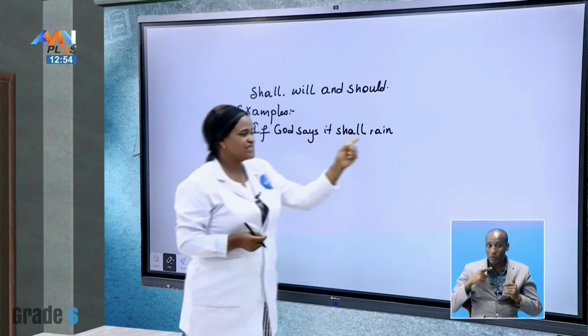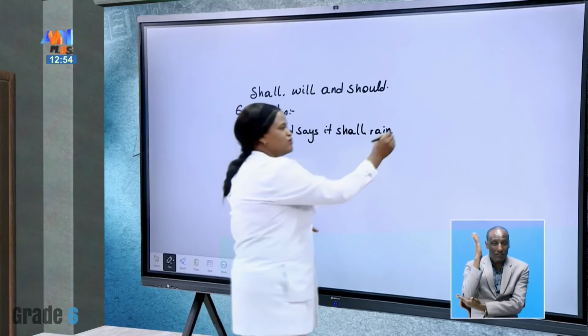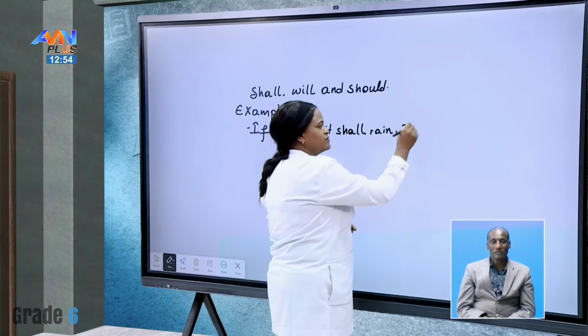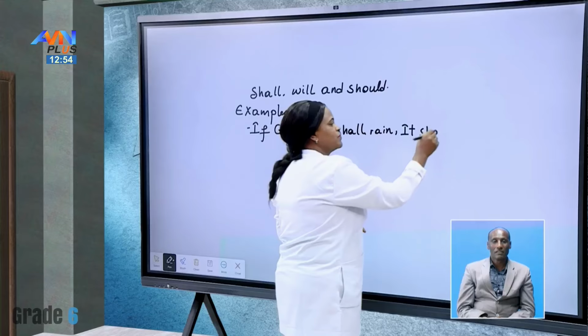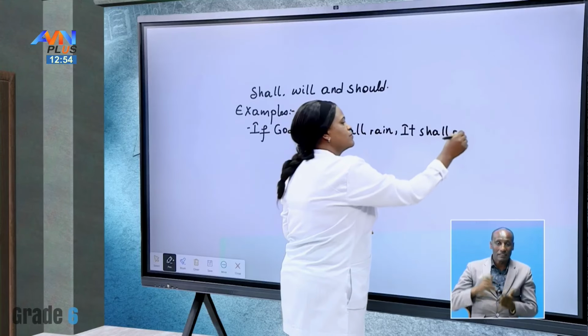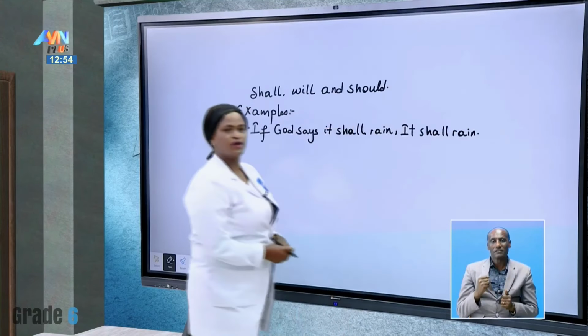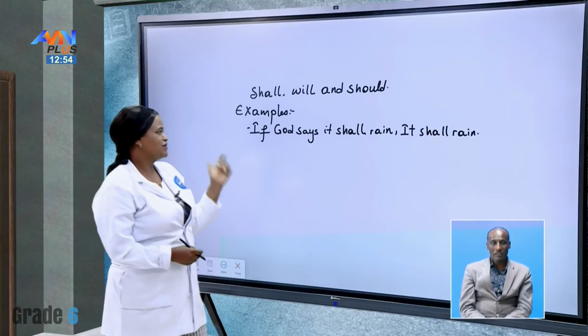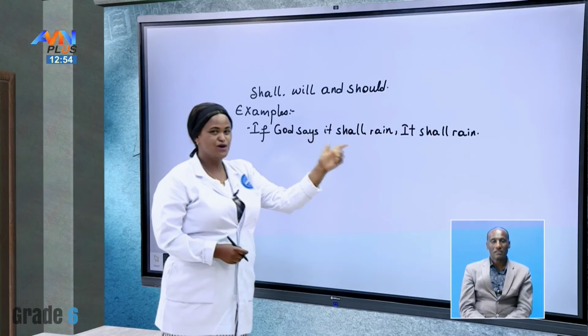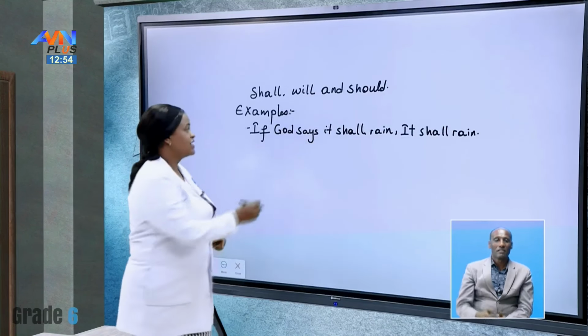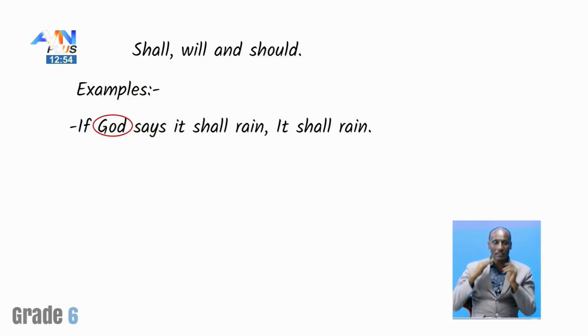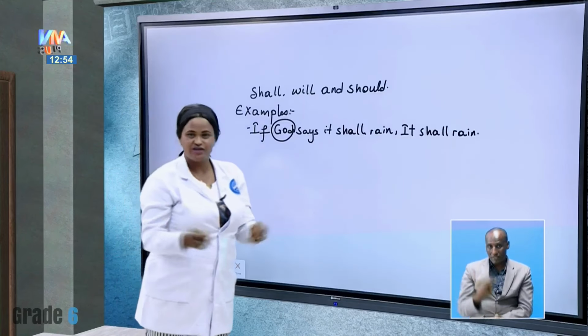If God says it shall rain, then what do you think? It shall rain, right? Do you see this sentence? If God says it shall rain, who is saying it? God. If God says it shall rain, it shall rain.